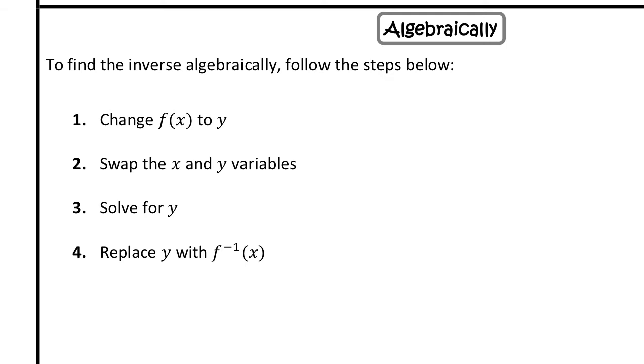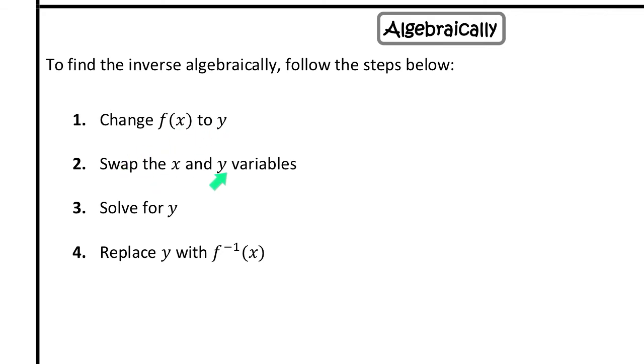So these are steps that we're going to follow, and I'm going to try and bring them up again. But if you want to have this page on a separate screen, or even as you're working on it, you can pause and maybe take a picture of these steps so we can remember them. I'm going to be saying them as we're doing the examples. So again, we're going to change the f of x to a y.